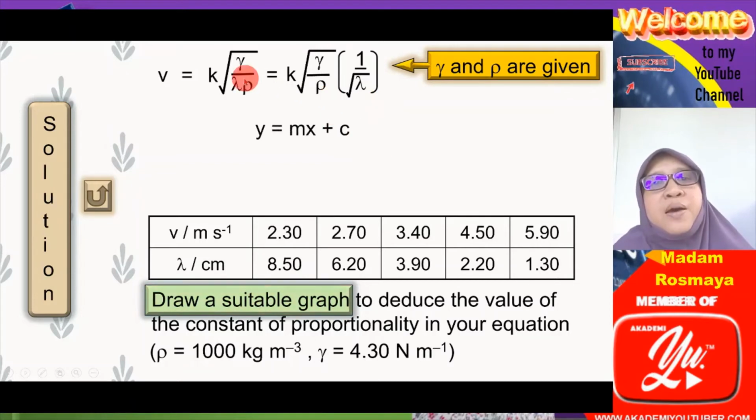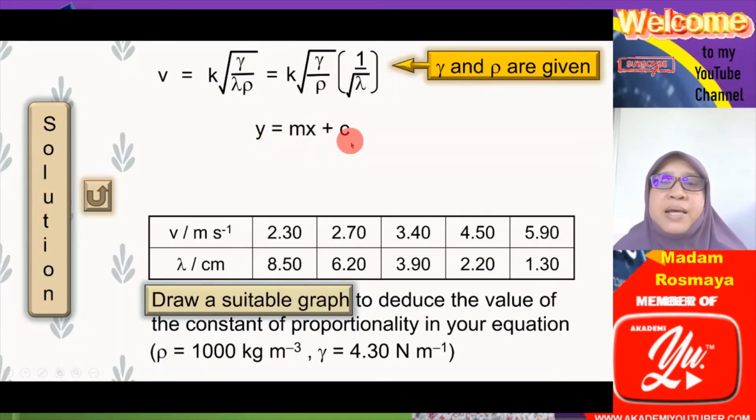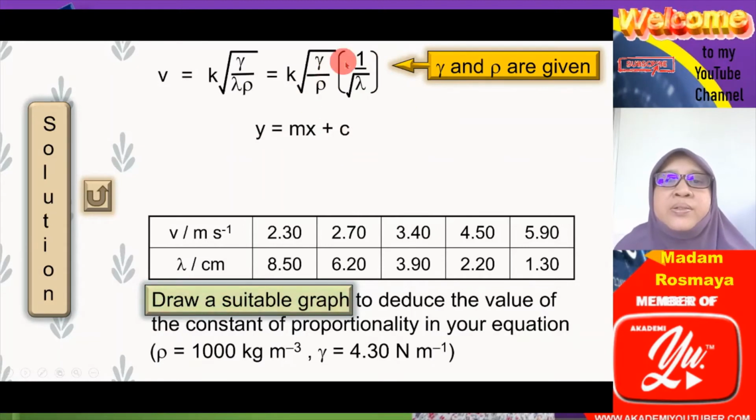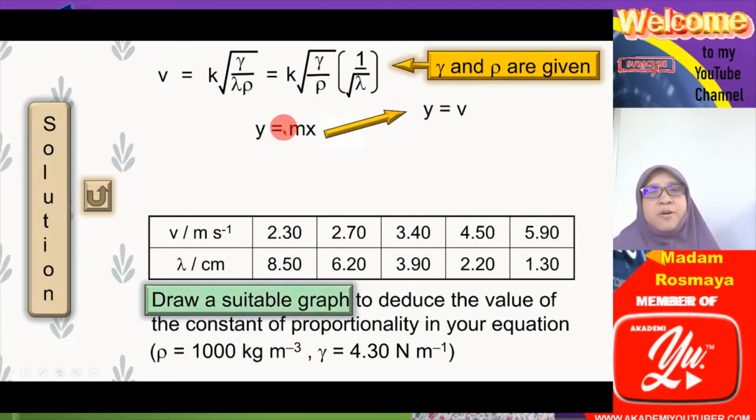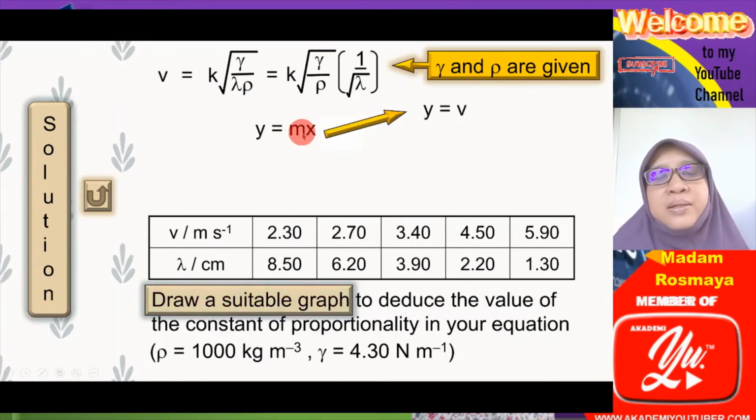Now we compare this with a straight line equation. The general equation for a straight line is y equals mx plus c. In this equation we have no c, so that means the equation is in the form y equals mx, a straight line that passes through the origin if you plot the graph.